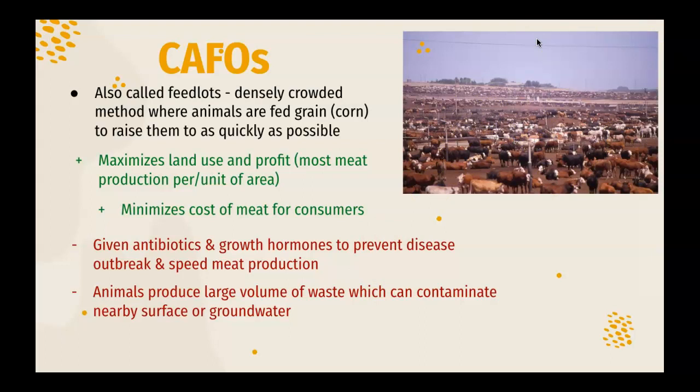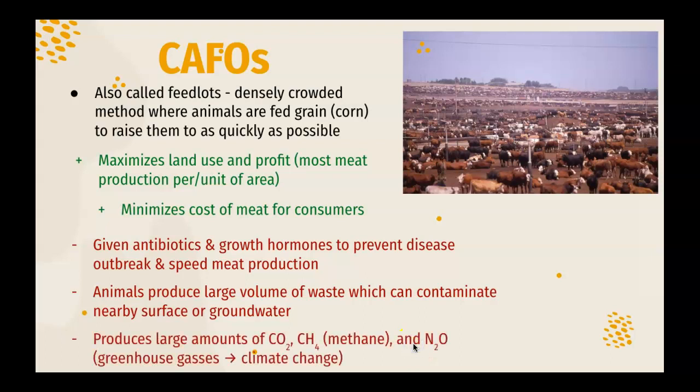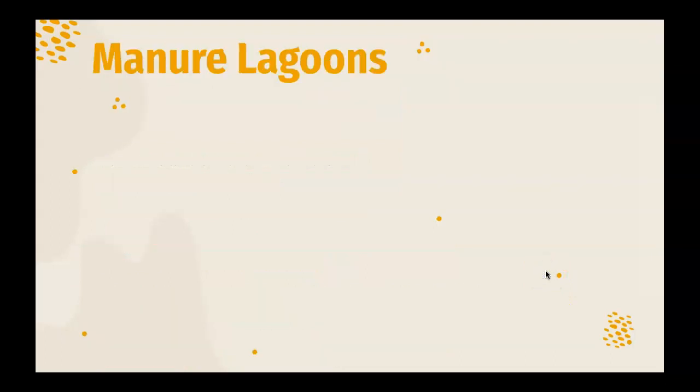There's nothing growing on the ground in these areas. And then it also produces really large amounts of carbon dioxide, methane, and nitrous oxide, which are all greenhouse gases and can all lead to or intensify climate change.